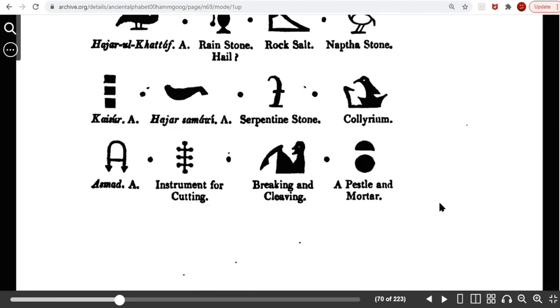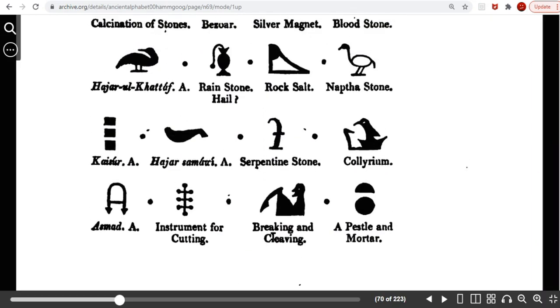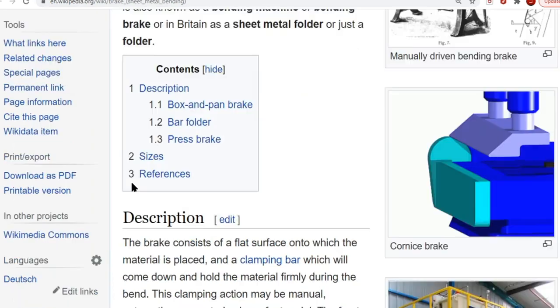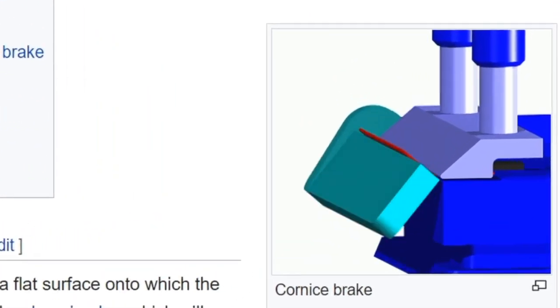And so down here in the writers of minerals, I saw breaking and cleaving. And this looks like a man maybe laying down with his elbows up and with his knee up and his feet down. And a knee is a break. Breaking means, it's what we do to metal.